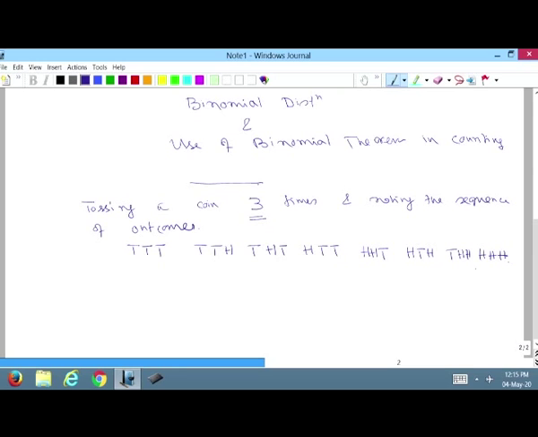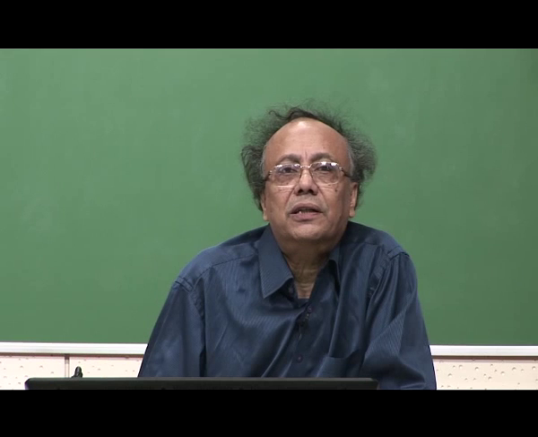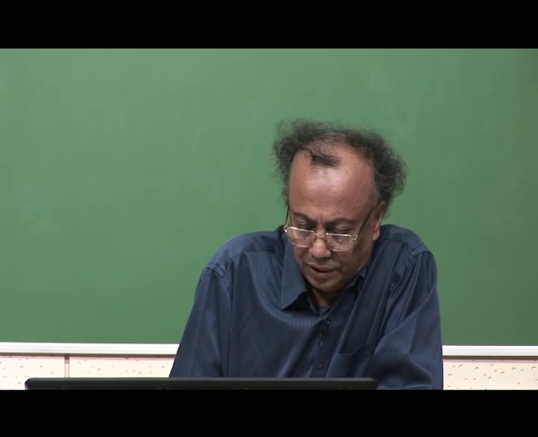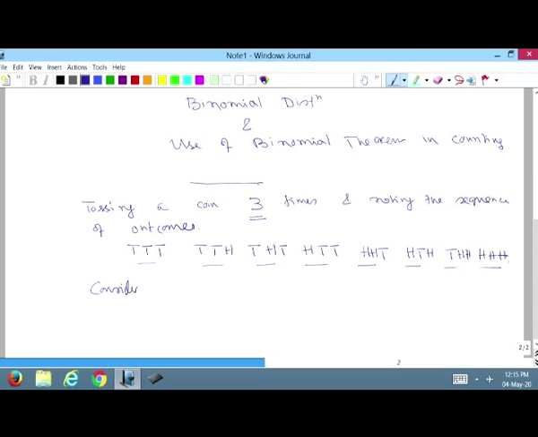The problem of such sequences is that these are not manipulable using mathematics. And more importantly, suppose there are 100 tosses and therefore there will be 2 to the power 100 many sequences.